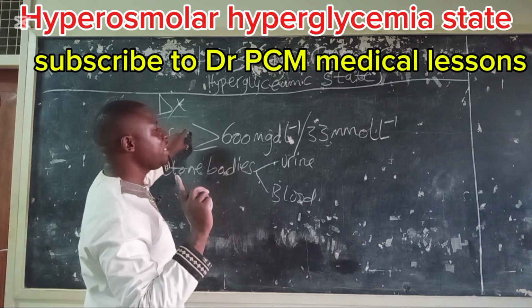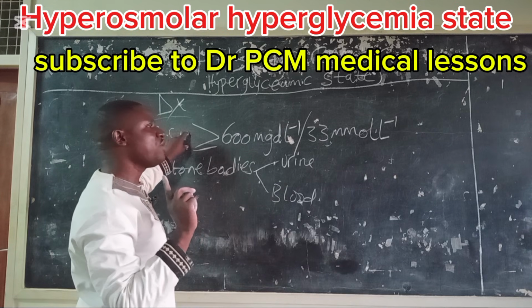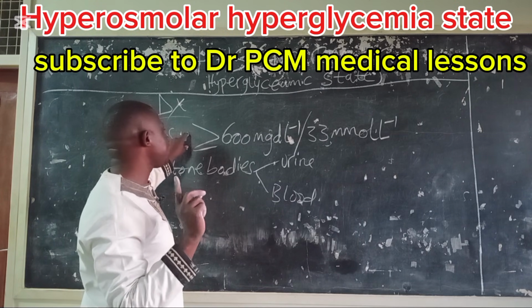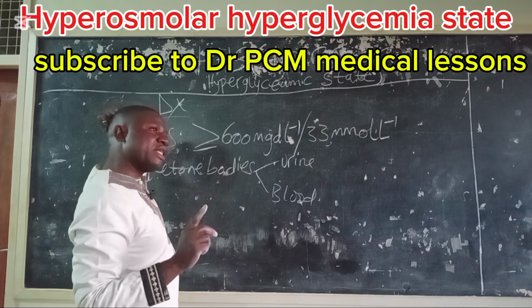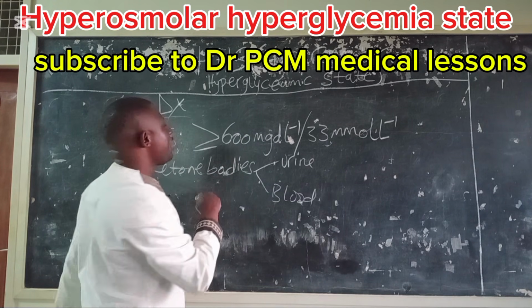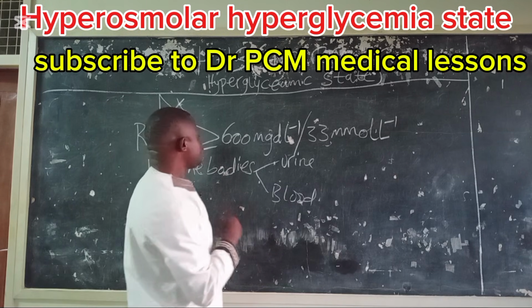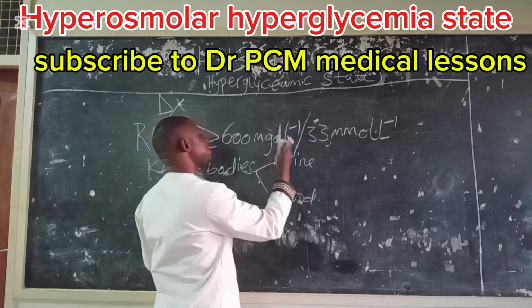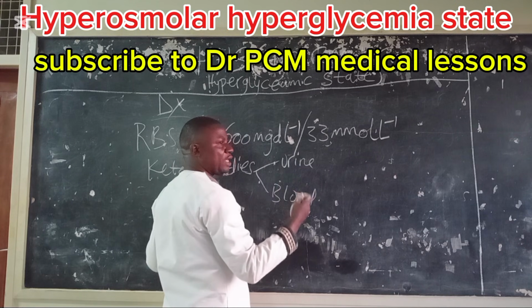We studied DKA in our previous video. If you are not conversant with it, you must flash back to our previous video and learn about DKA. So here we want to know, is it HHS or DKA?